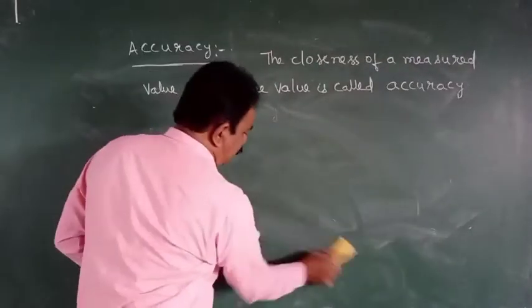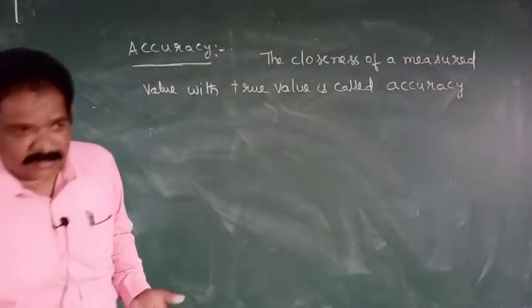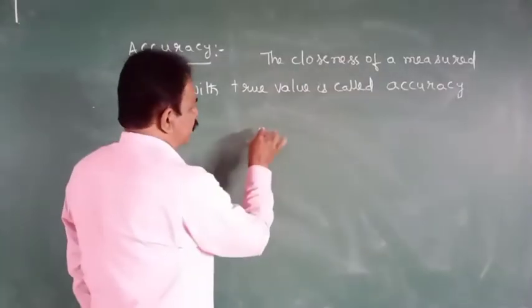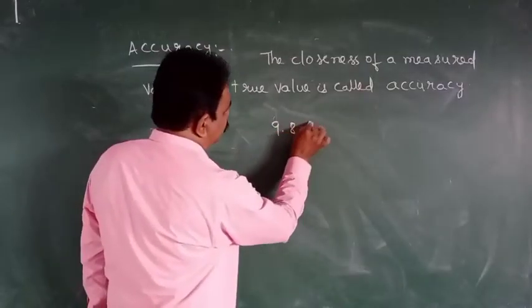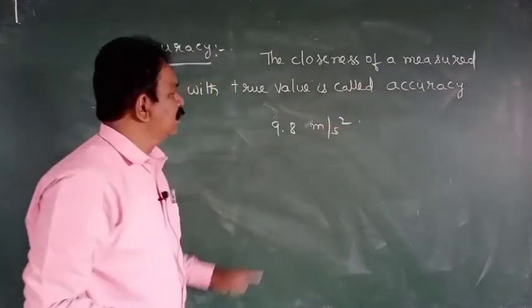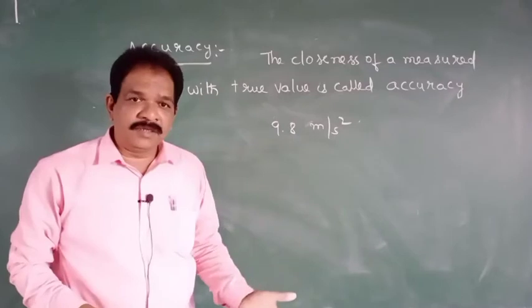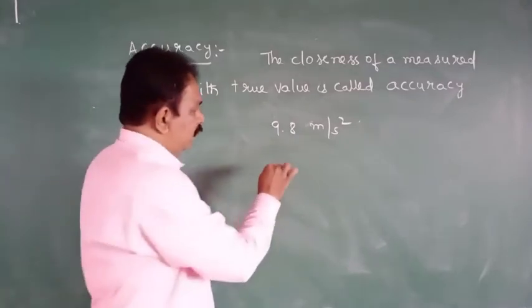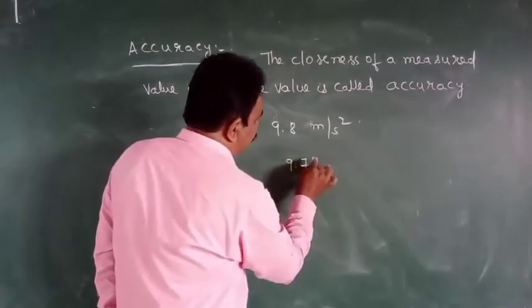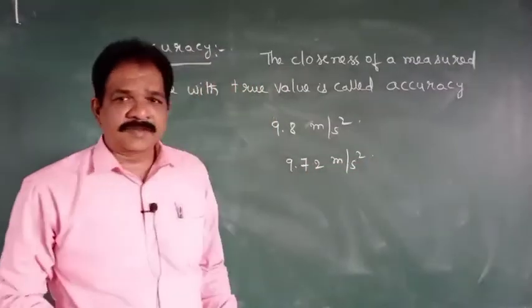See, we will take the same example. Acceleration due to gravity in the SI system is 9.8 meter per second square. This is the true value. First we measured the g value. It came as 9.72 meter per second square.